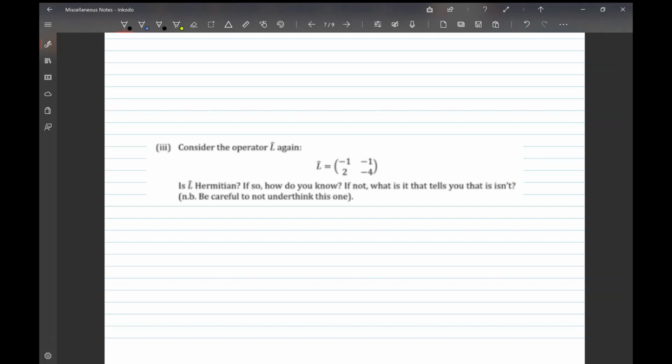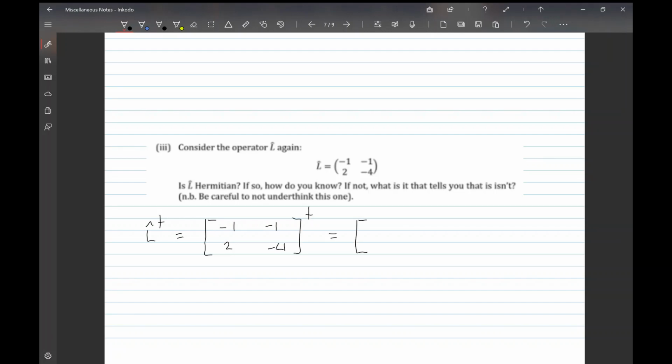Well, recall what it meant to be Hermitian. A matrix was Hermitian if it is self-adjoint. What is its adjoint? Its adjoint is its conjugate transpose. So let's take the conjugate transpose of L. That we typically denote by this dagger in quantum mechanics. And the conjugate transpose, just write this matrix again.